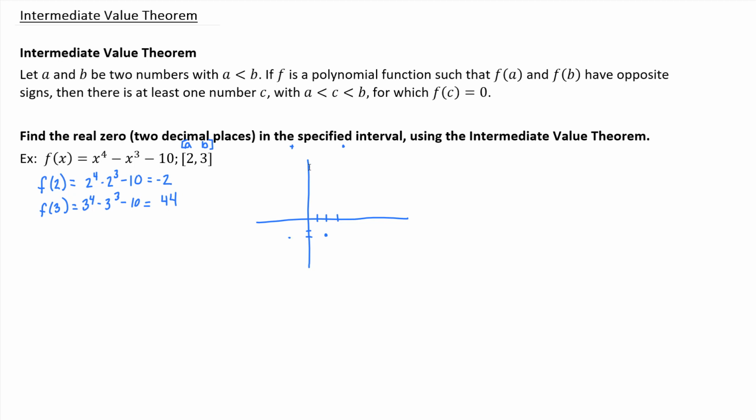So by the intermediate value theorem, between your interval of 2 to 3, there should be a value that is your root, or your 0, because your endpoints, 2 and 3, had opposite signs, so you're guaranteed.